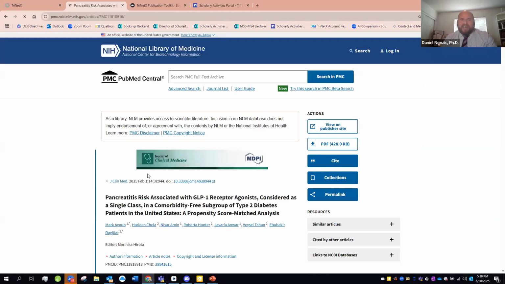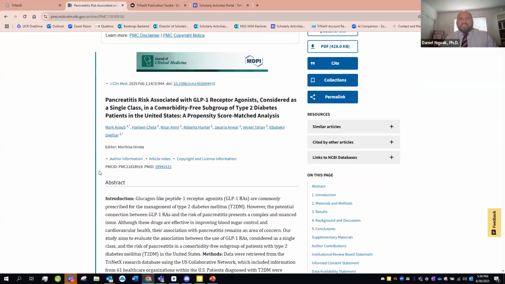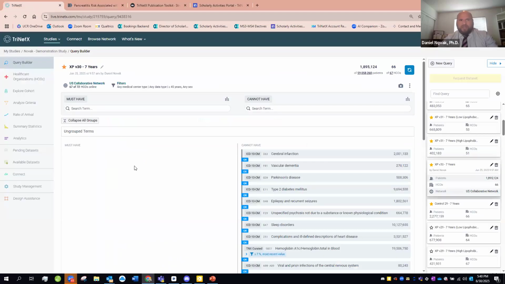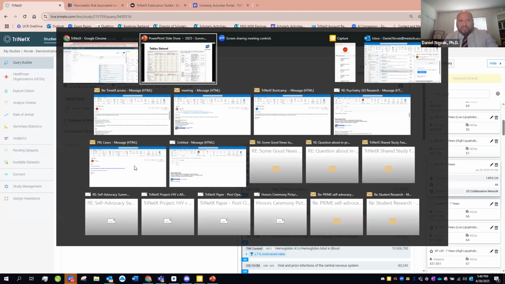And sure enough, right away, one of the first studies they cite in terms of looking at pancreatitis and GLP-1 receptor agonists is one based on TriNetX in this MDPI journal. It's an okay study, but I do think it's really an object lesson in how some of these studies can make it into the press and into the public sphere, so you can have an impact in developing these, because in a lot of cases, this is one of the only ways to develop those kinds of analyses.